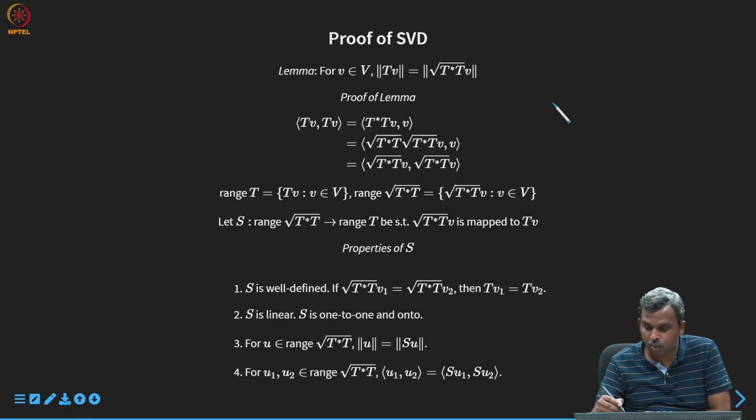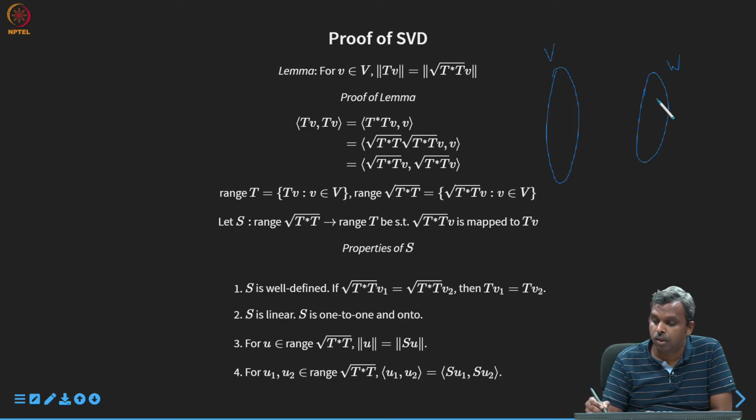So you have V and you have W, and you have the range of T. T takes you from V to the range of T. Then how will square root T star T work?